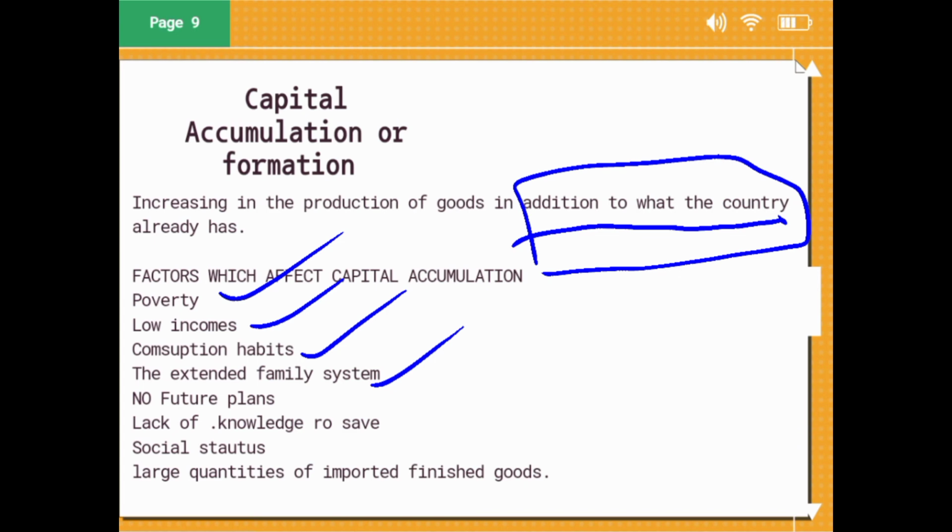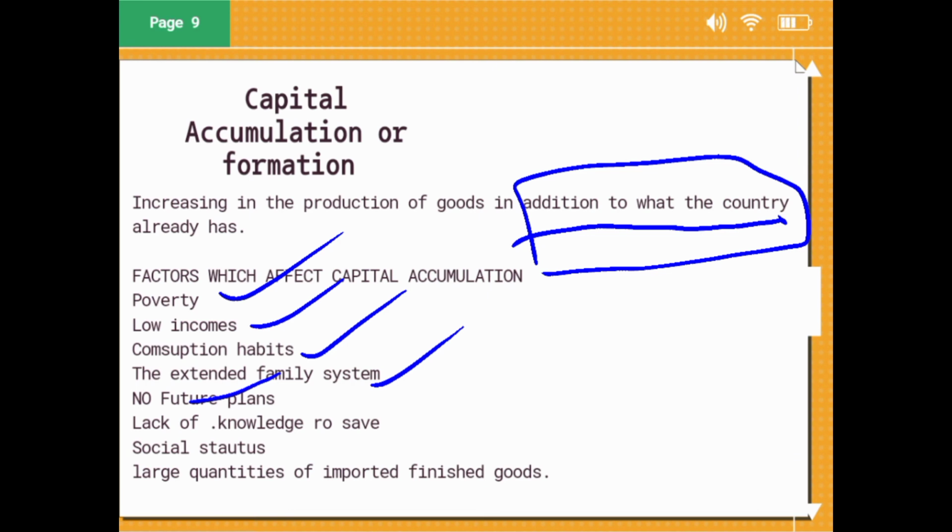Just one day, 500 kwacha, even more. Can you contribute to capital accumulation? No. No future plans. Some people just think of what they'll eat today, not what they'll eat tomorrow.